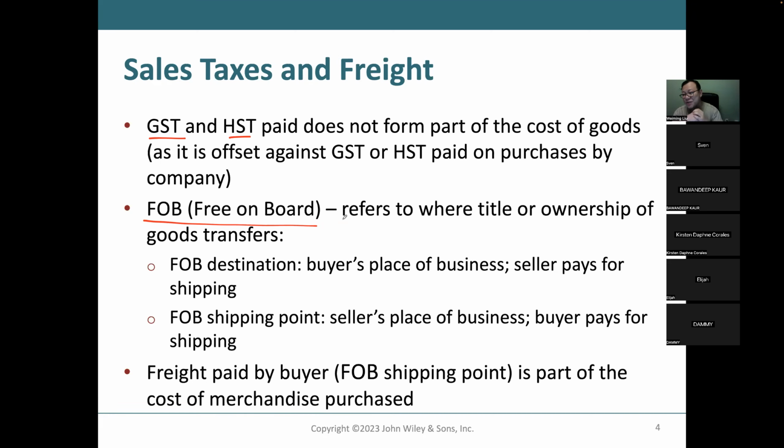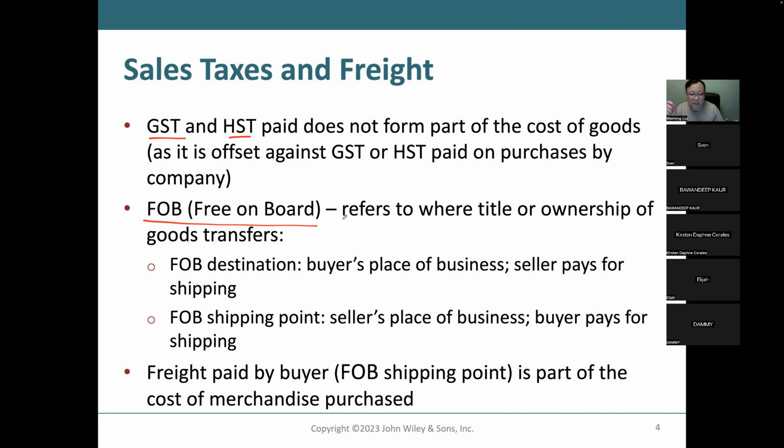Okay, because you are assuming that the ownership won't pass to the buyer until the eggs reach the warehouse of the buyer, right? That's your assumption. So you are assuming that the ownership will not be transferred from the supplier to the buyer until the truck delivers the eggs. That's called FOB destination.